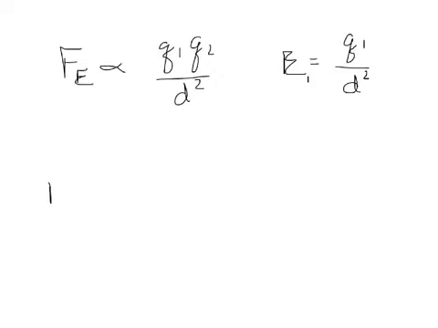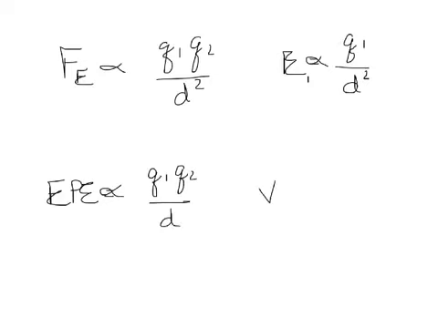The third that we took a look at was the electric potential energy, and we realized in this case it was proportional to Q1, Q2, all over D, and the final one, a voltage, was proportional to Q1 over D.